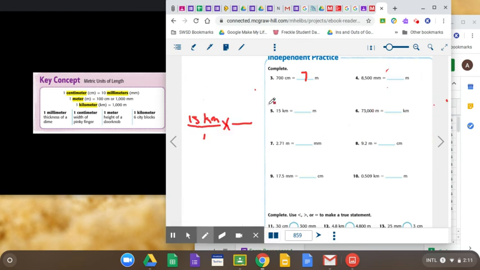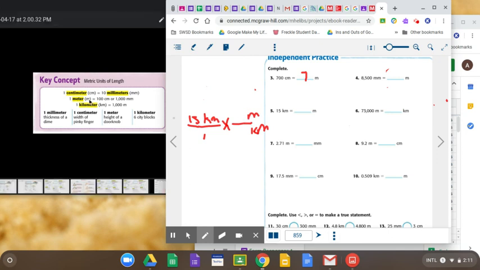All right, so this next one for number 5 is 15 kilometers. So we put 15 kilometers over 1. Then kilometers go at the bottom, so it cross cancels each other out. And meters goes here. So we're going to go look over at this chart and figure out how many meters are in 1 kilometer.